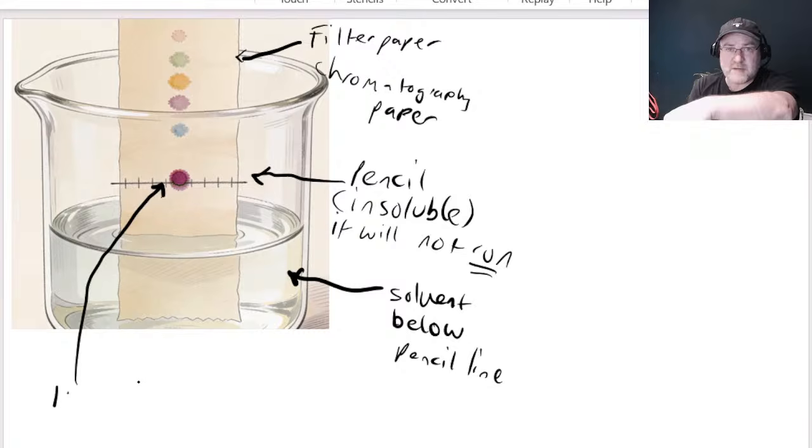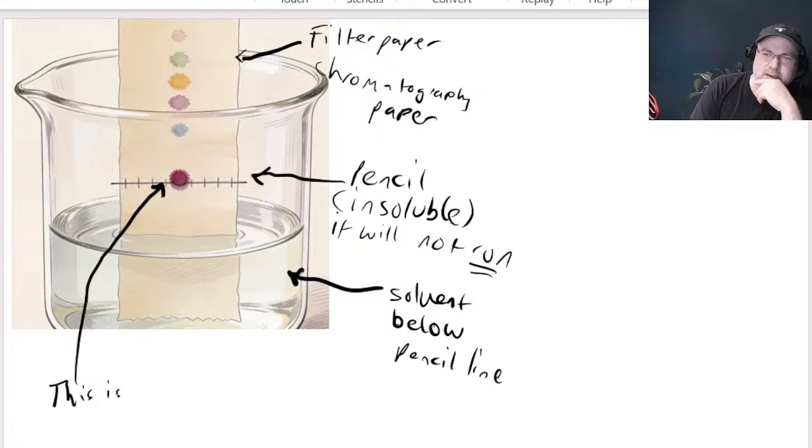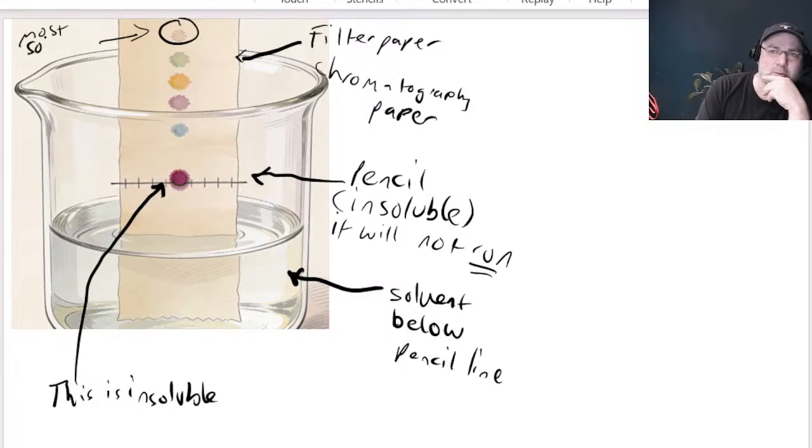But I could use a different solvent and make that colour move. So this is insoluble. It's not moved off the line. The most soluble is the one that's moved the furthest. So this would be most soluble. And the least soluble is that blue one, but the totally insoluble is that red one. I guess that's the least soluble, the red one there. And then the blue one there is not very soluble.